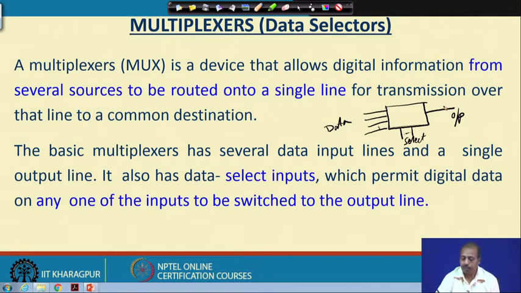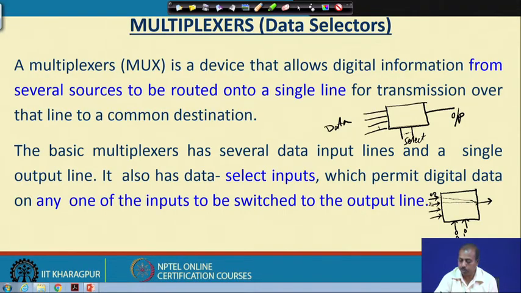For example, suppose I have 4 data lines and 2 select lines. If the select value is 0 0, then this input will be routed to the output. Similarly, if the value is 0 1, then this input will be routed to the output.